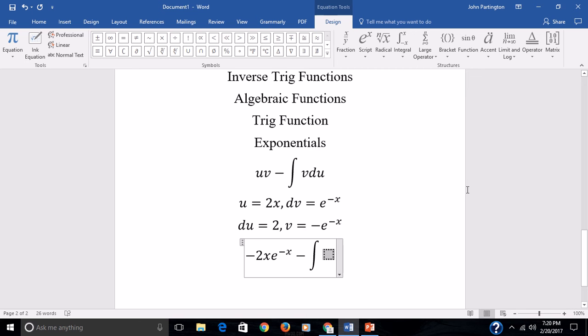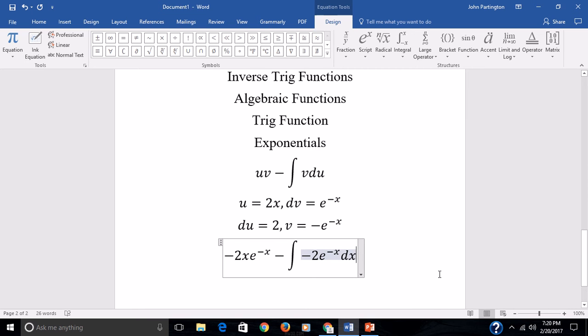So that's going to be negative 2 e to the negative x dx. We take our du from here and multiply that by our v.